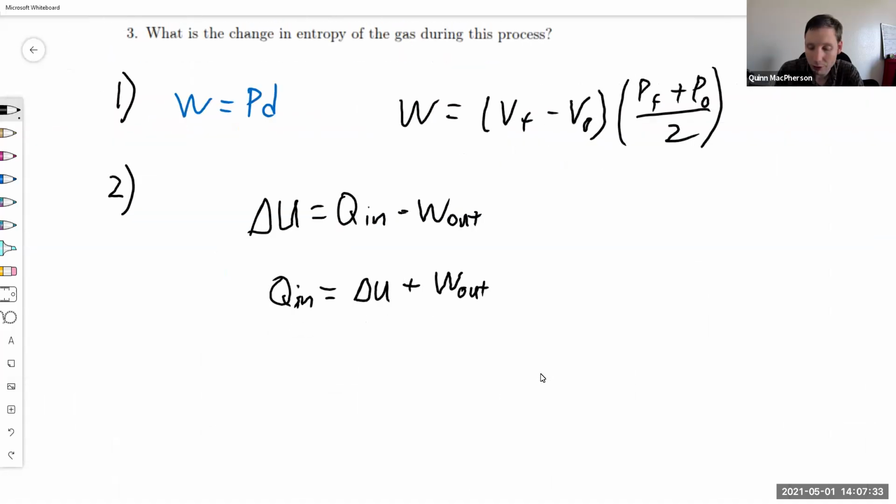Let's figure out what Q in is. You can infer it from the temperature because U is equal to, and this is a monatomic ideal gas, 3/2 NKT, the internal energy.